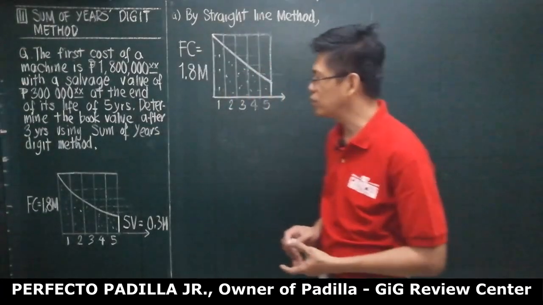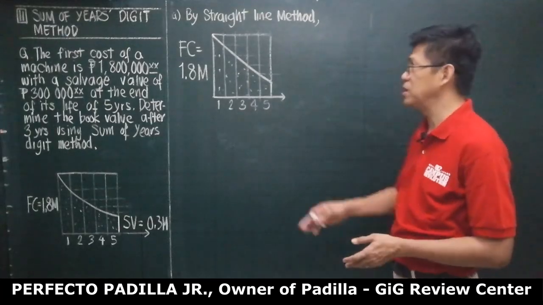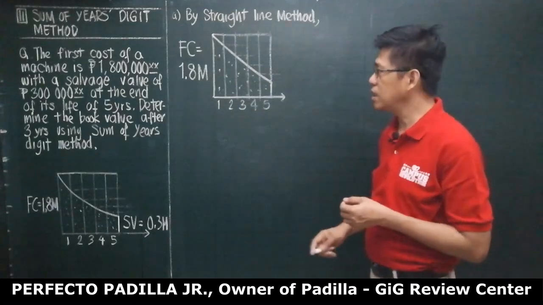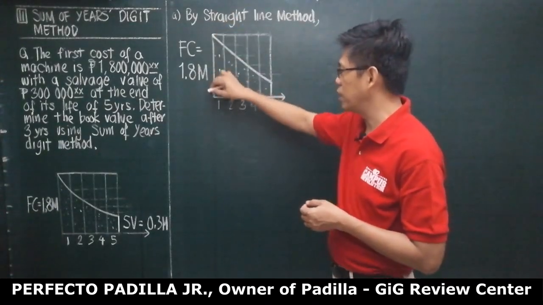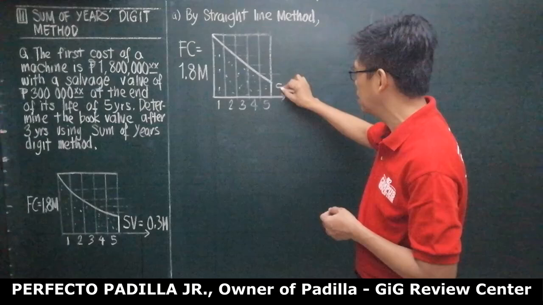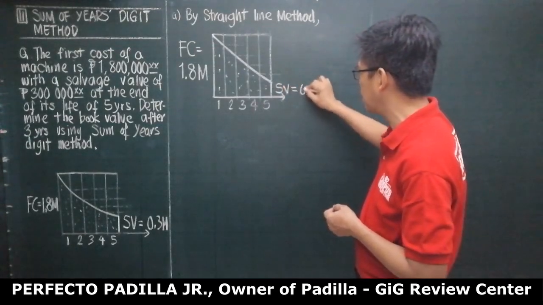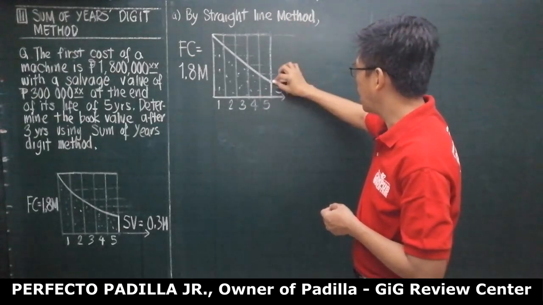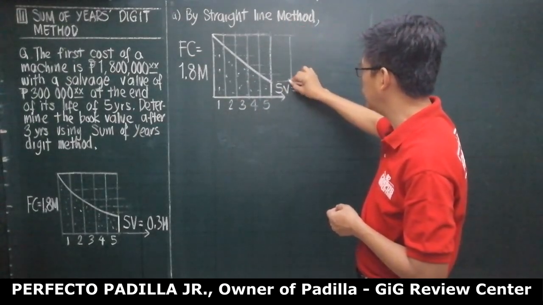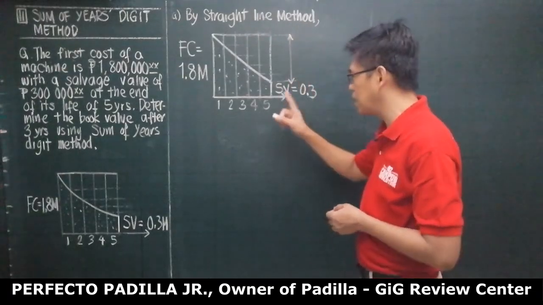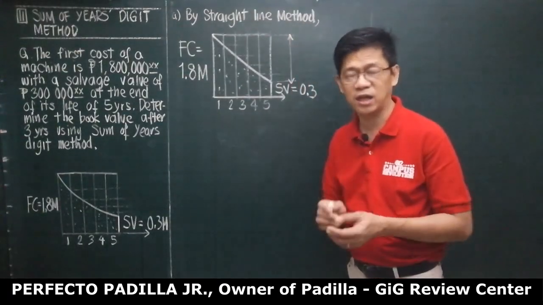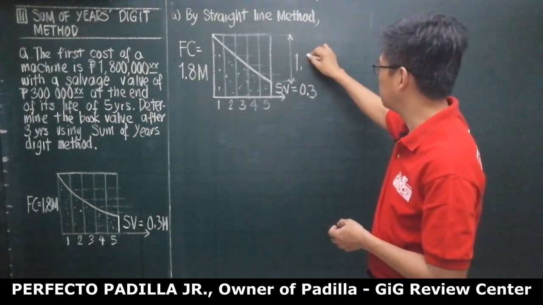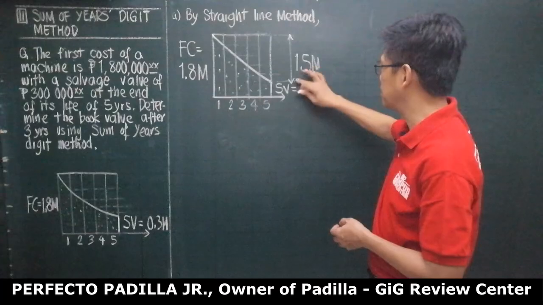Now, in order for us to understand it clearly, let me solve that first using the straight line method. In the straight line method, this is the first cost, 1.8 million. At the end of 5 years, the salvage value is 300,000 or 0.3 million. So it means our machine over a period of 5 years has a depreciation, or you lose 1.8 minus 0.3, 1.5 million pesos.